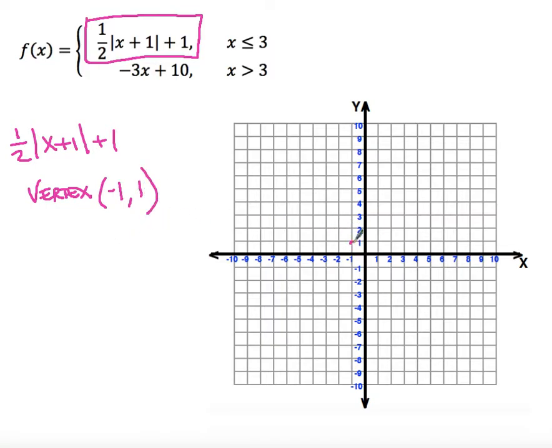So our vertex is at -1, 1. My slope is 1/2. So that means I'm going to go up 1 over 2. Up 1 over 2, up 1 over 2, up 1 over 2. And then I go back to my vertex and go up 1 the other direction too, so that I make my V shape.